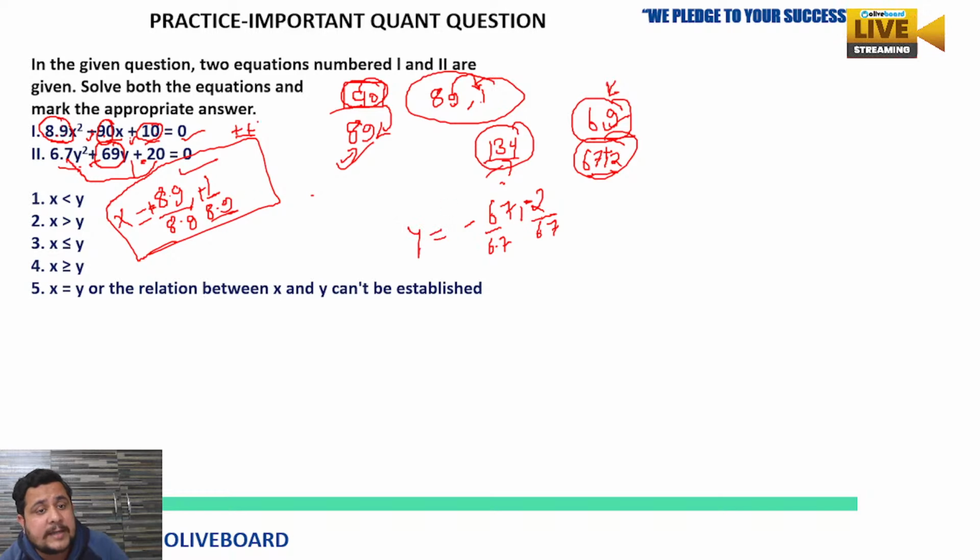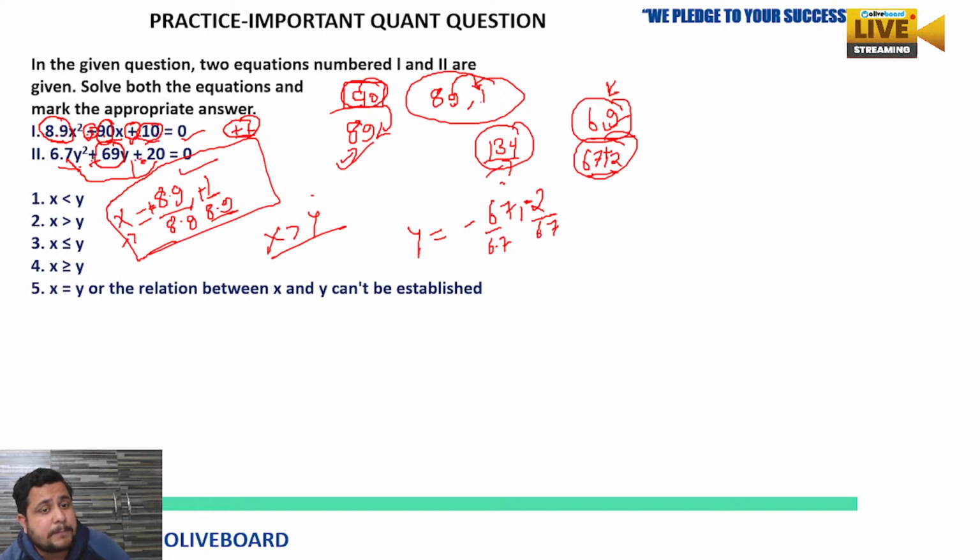Both roots of y are negative, and both roots of x are positive. So we can easily say x is greater than y. Now how can we directly decide this? See, in the first equation, the signs are minus and plus, so it represents that both the roots will be positive.